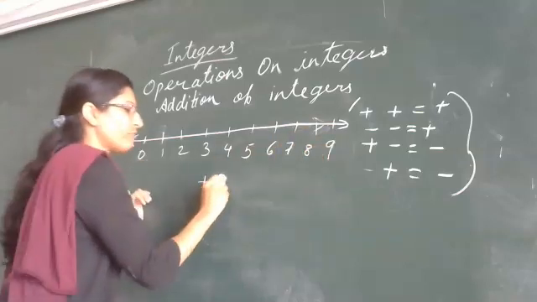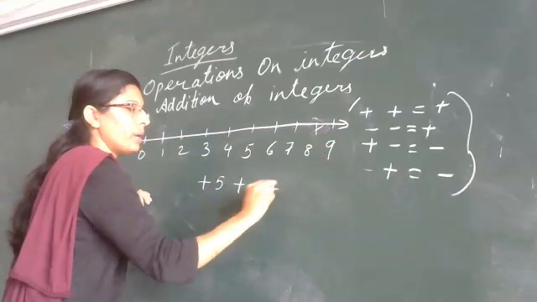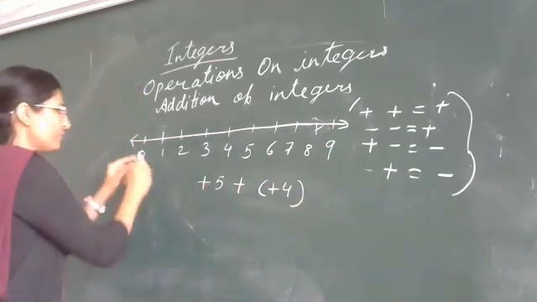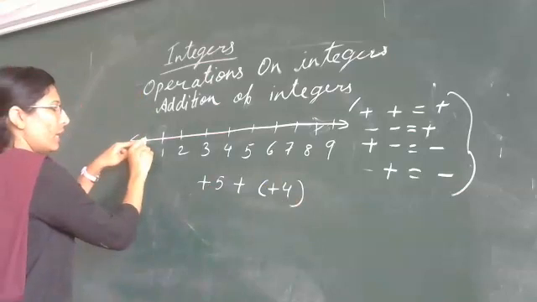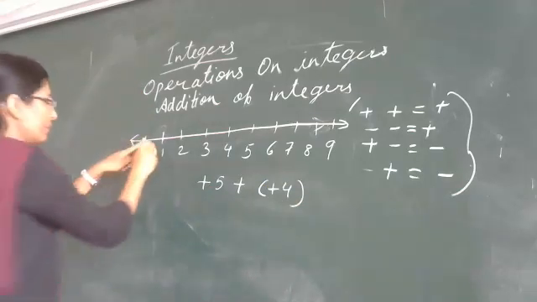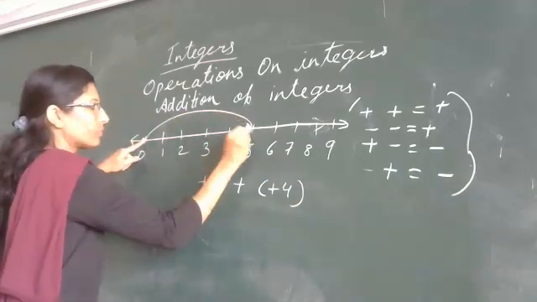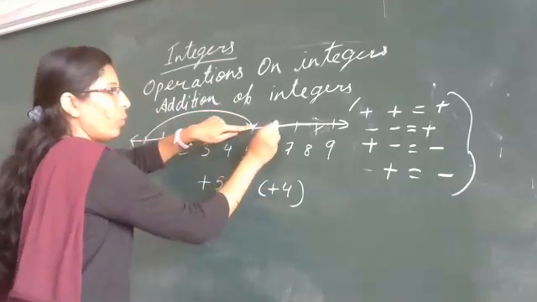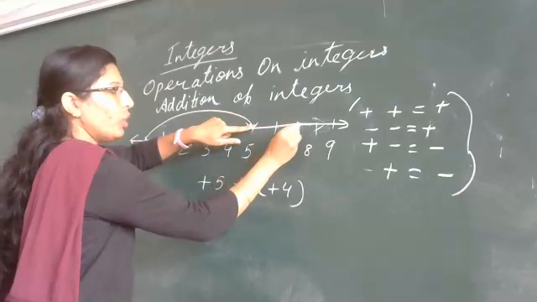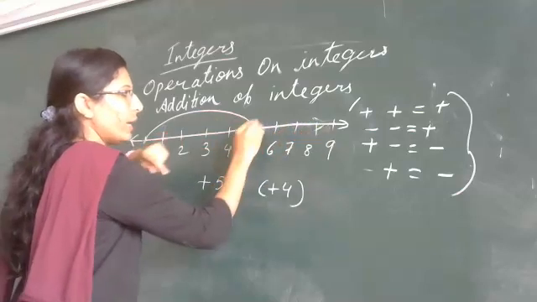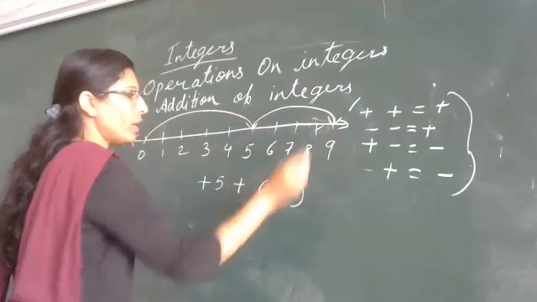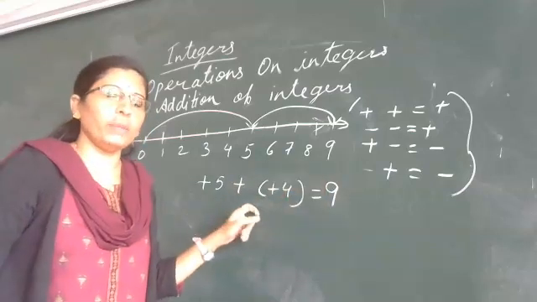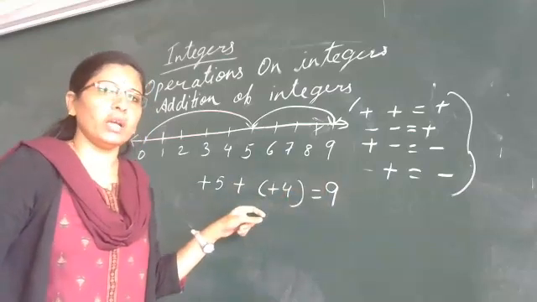From 0 you should start till 5, and then 4. 1, 2, 3, 4. So where does it go? It goes to 9. That is how to represent on the number line.